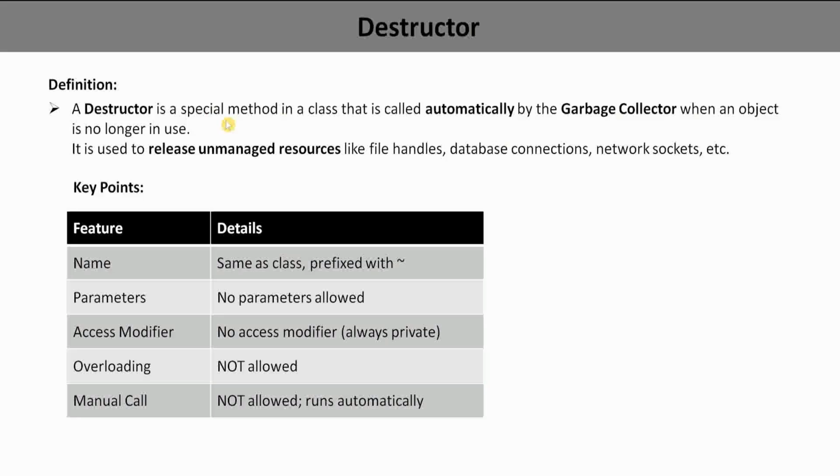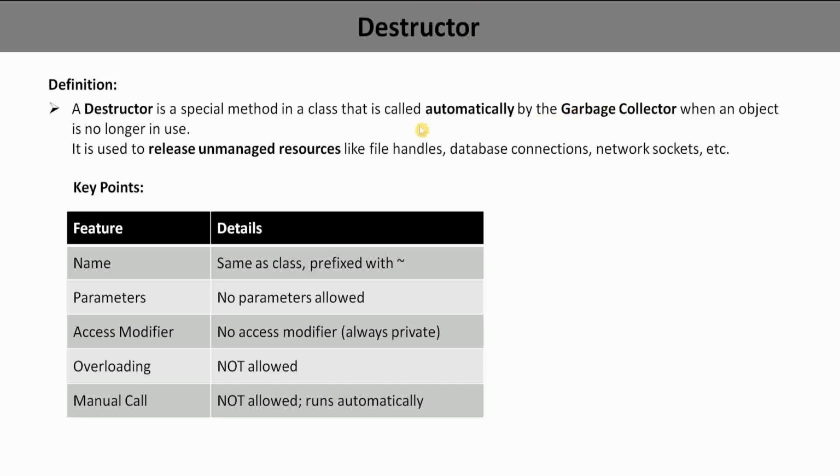The constructor's main functionality is to create the instance, but the destructor's main functionality is to destroy the objects which are not used further in our application. It is automatically called by the garbage collector, and the garbage collector is automatically called by the CLR. So there is no need to do these functionalities manually because it is not recommended. But for example, we are just showing a demo of how we can use this manually.